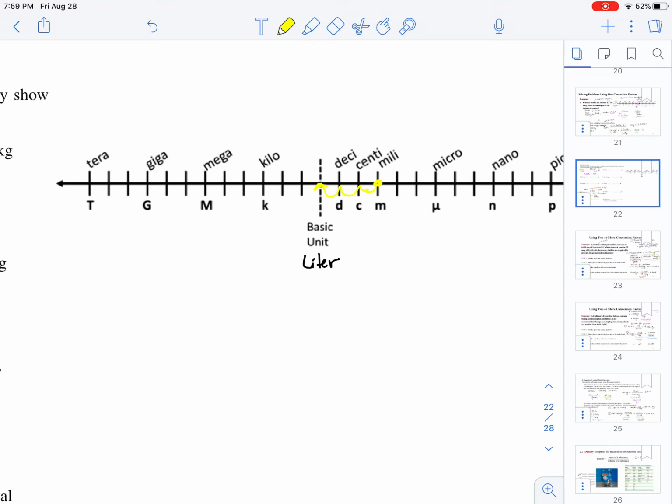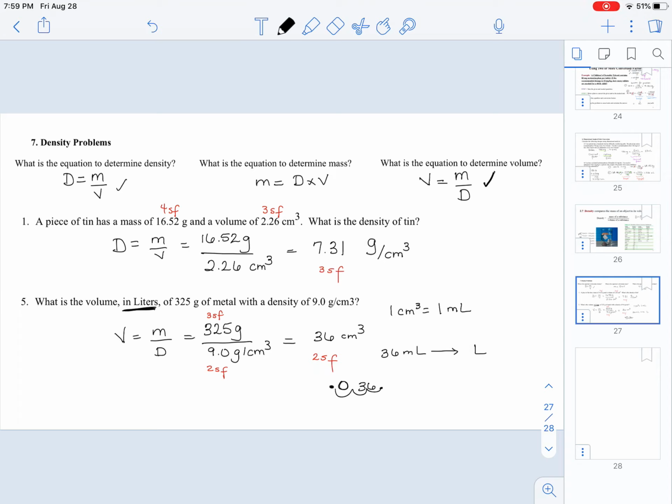I have to add a 0 because I created that space. So 36 milliliters is actually 0.036 liters. And that is the final answer for that problem. Make sure that whenever you have density problems, you read the question and see what final unit is required for the problem.